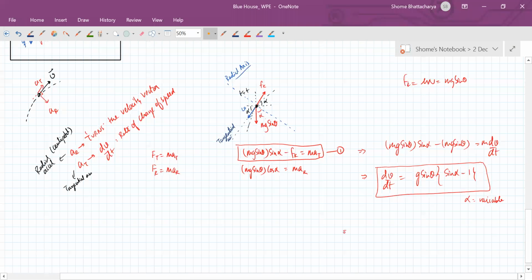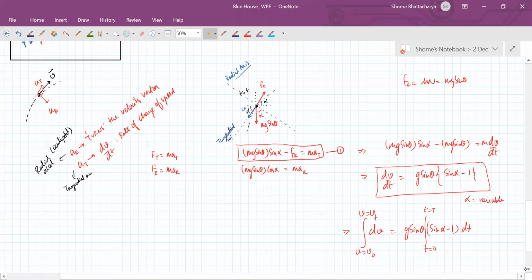So we do this operation and integrate this from t equal to 0 to the final time, and the speed will change from the initial velocity to the final speed.